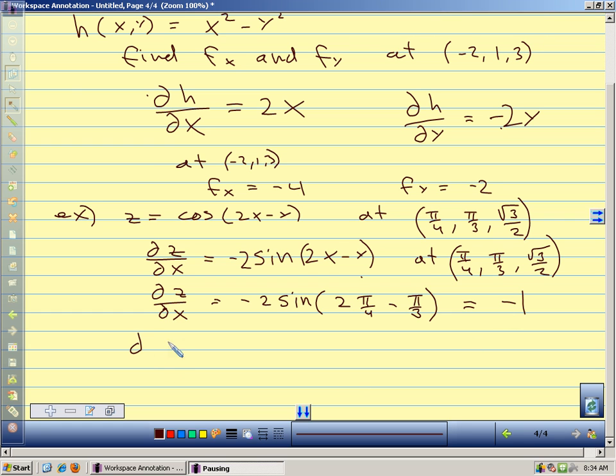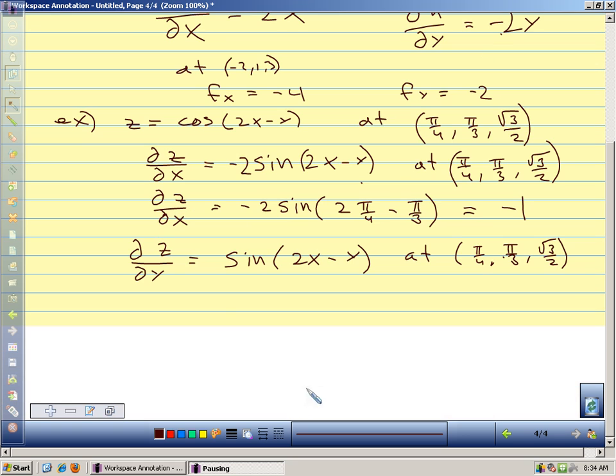And our partial dz dy, what do we get for dz dy? Sine of 2x minus y. And at our point, we substitute our coordinates in, and we simplify, we end up with 1/2.